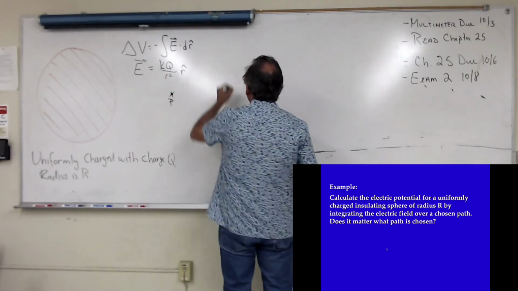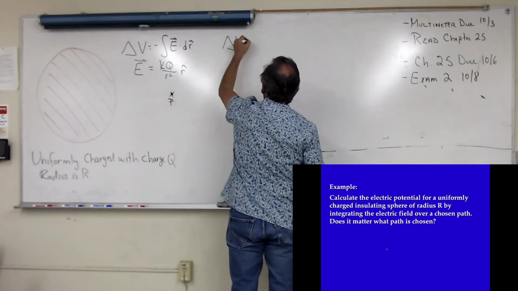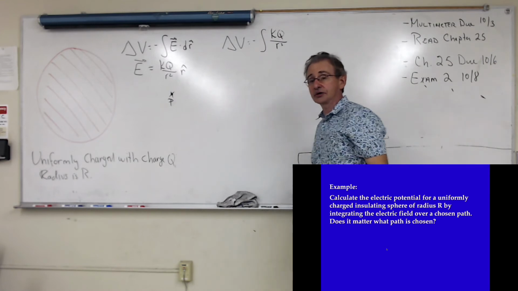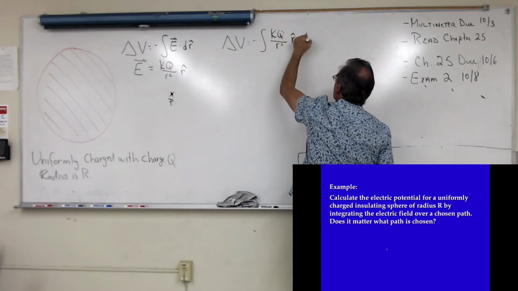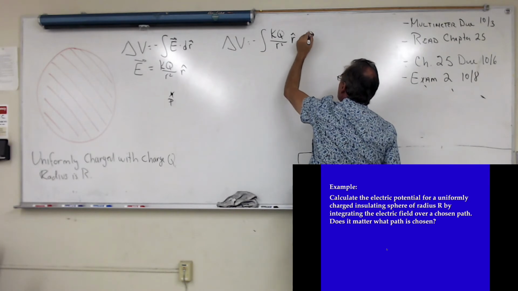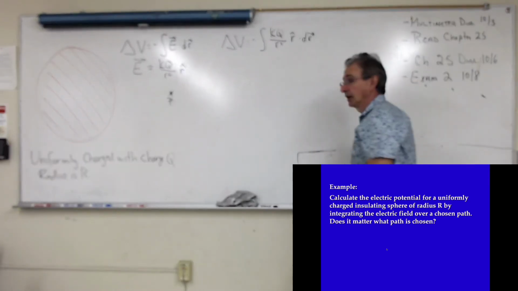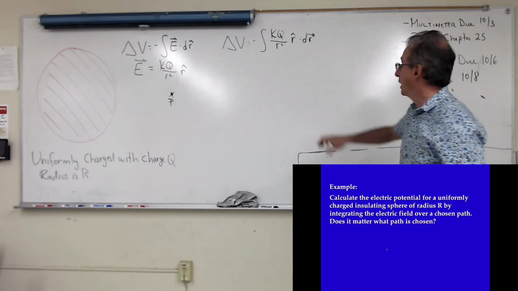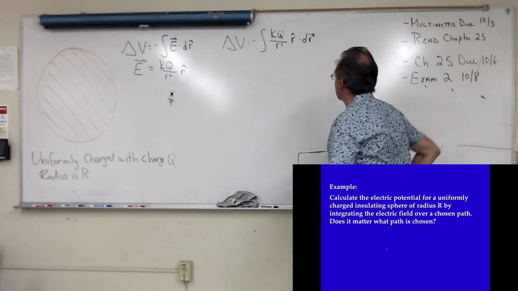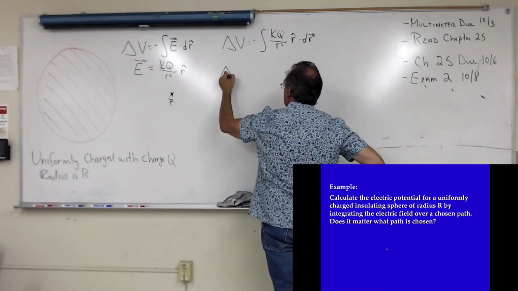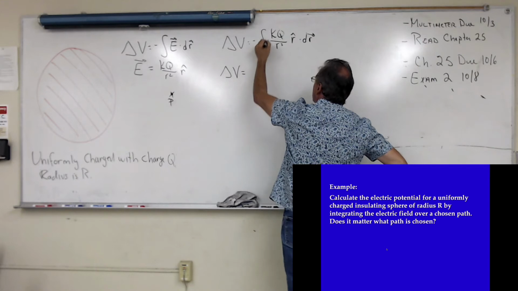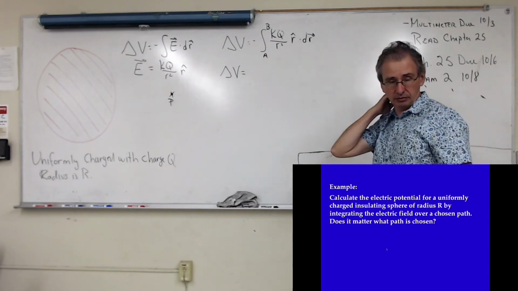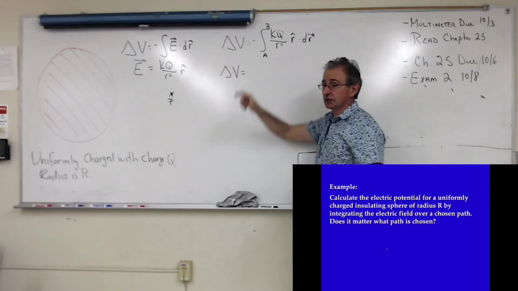So then, delta V is minus the integral of kQ over r squared, r hat dot dr. It doesn't matter how I integrate, what path I choose, but I do know that only the component along this direction contributes to the integral. And I'm going to go from A to B. I'm going to always choose r hat as pointing outward, and I'm going to make my limits of integration tell me which way I'm going.